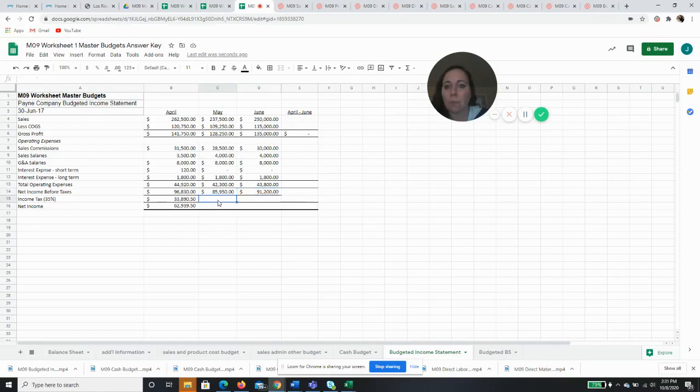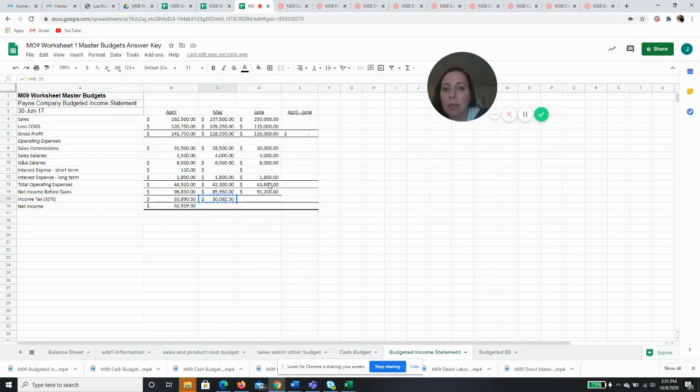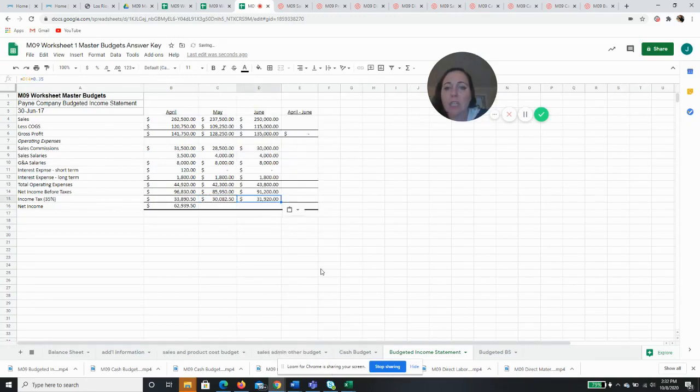I'm going to take my net income before taxes and multiply it by my tax rate of 35%. So plus net income before taxes times 0.35 or 35%. And that gives me income tax expense in May of $30,082.50 and income tax expense in June of $31,920.